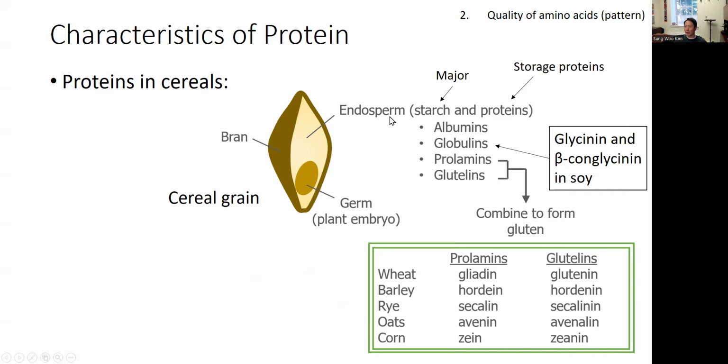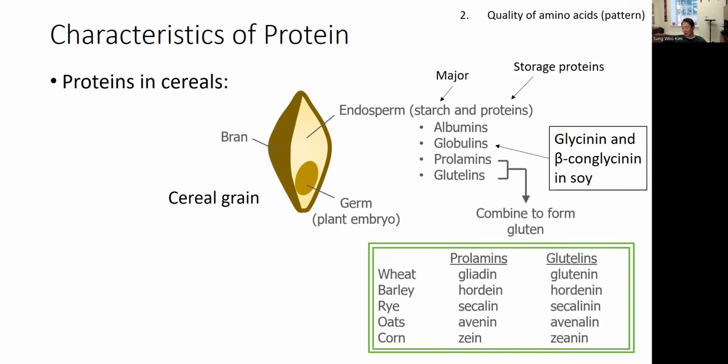If you look at the protein, specifically protein in the endosperm, we have prolamines and glutenin in the case of cereal grains. Depending on cereal grains, they have all different names. Wow, there are so many kinds of foreign language.